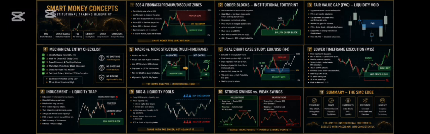Conversely, the swing high in a bullish trend is considered a weak high. Why is it weak? Because it fights to hold the market structure down. The market's structural objective is to constantly target and break this weak high. Therefore, you never short at a weak high regardless of candle patterns.